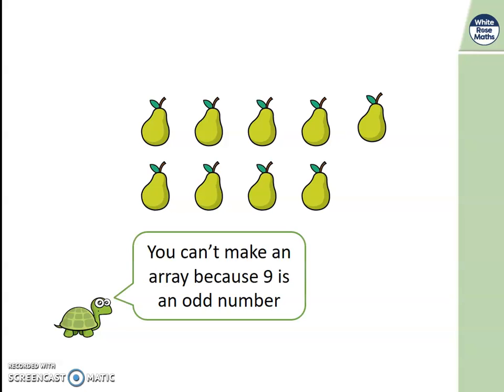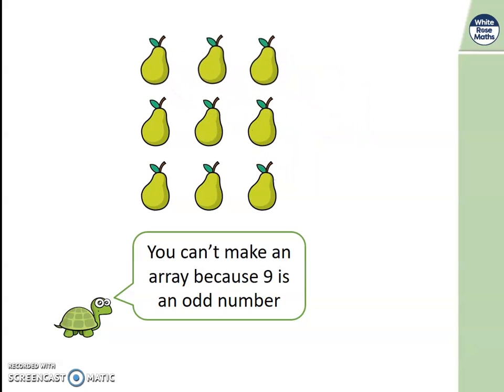We can't make an array using 9 because 9 is an odd number, is what Tiny says. Is that correct? Well done. We can move that one to make it into our array again.